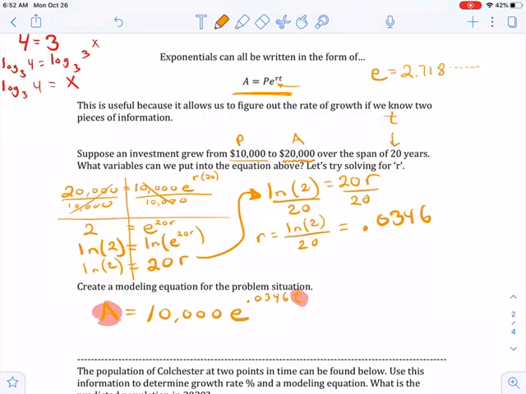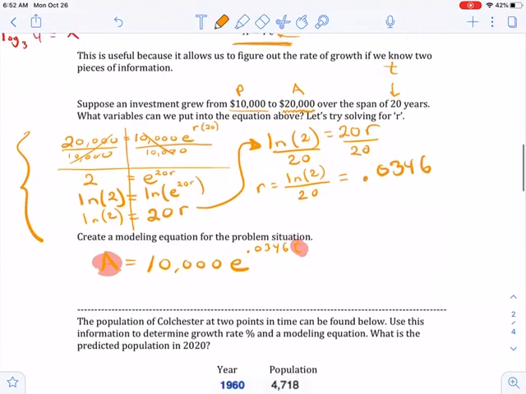So first I know that if I plug 20 in here, I'm going to get 20,000 out, because that's basically what I solved for here. But I can also now use this to say, well, what would they have after 40 years or after 30 years? So this is kind of a newer process for figuring out what that r value is in this specific format.